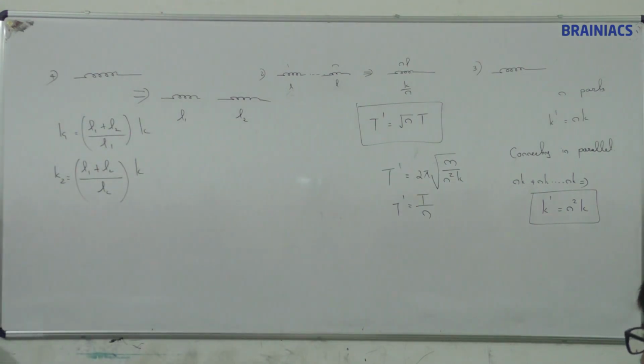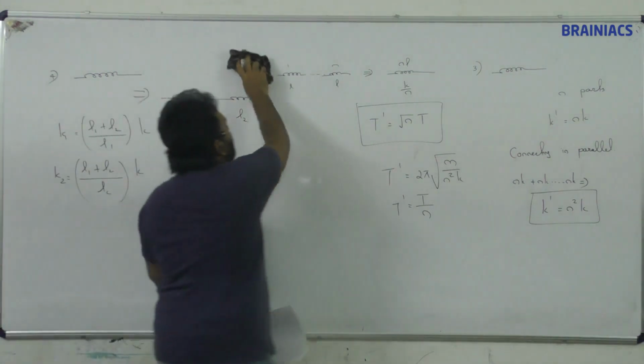I have shown you how to do with the ratios. It's your wish. Whichever method you are comfortable with, you can follow. So this is going to be the spring constants.